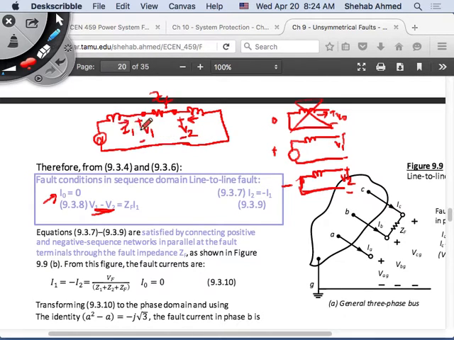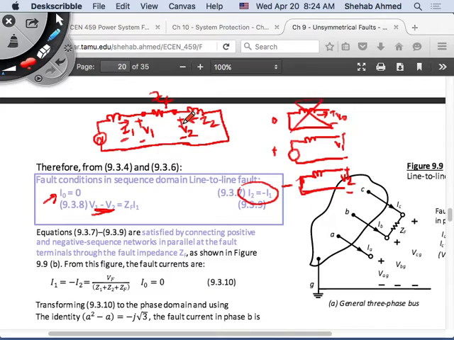And the current I1 and the current I2 are opposite and equal. This condition. Right? So the current I1 here and the current I2, which is the negative sequence current, they are equal because it's a series circuit, but they just have opposite polarities. So this would be the sequence circuit for a line-to-line fault.